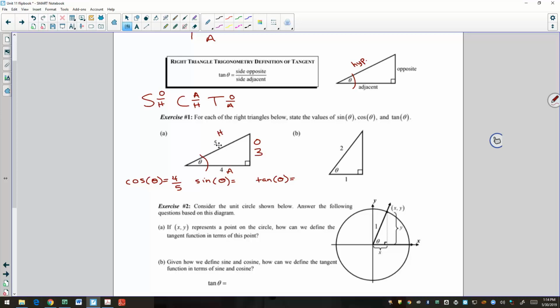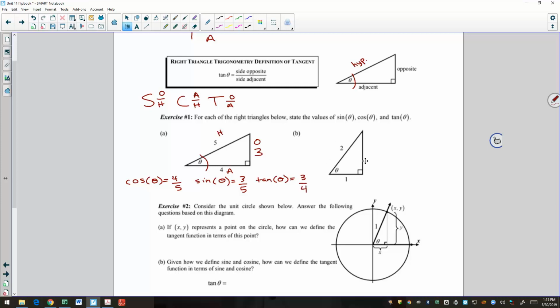You don't have to show the work if you know that's a Pythagorean triple, but you can if you'd like. So the opposite is 3, therefore the sine is 3/5, opposite over hypotenuse, and the tangent is opposite over adjacent, so that's 3/4.